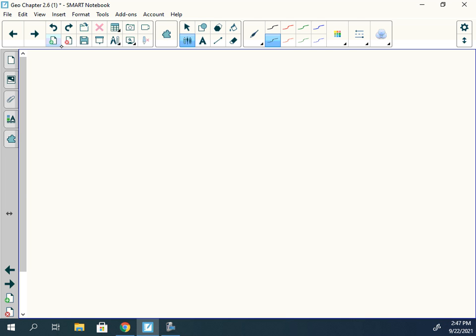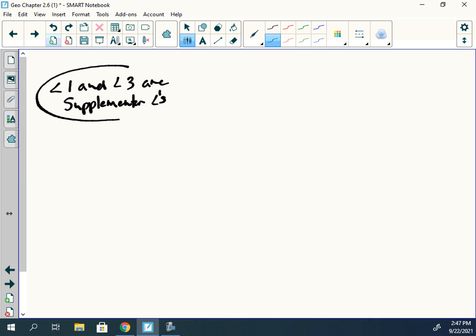Now, the given information for this here is that angle 1 and angle 3 are supplementary angles. Or sorry, 1 and 2. And that is our given. Because whenever we do flowchart proofs, we'll put the starting statement and then the reasoning underneath.